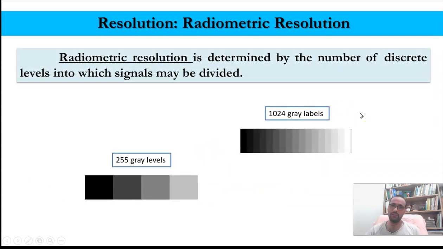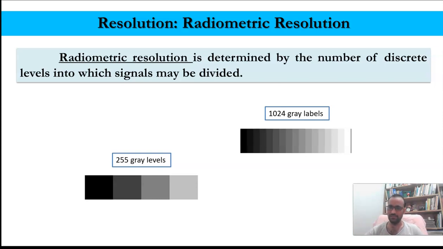The second one is radiometric resolution. We have 3 primary colors: blue, green, red, and then we have secondary colors. The 7 colors, we studied in our middle school. Suppose we have red color, but we have different tones even, right?